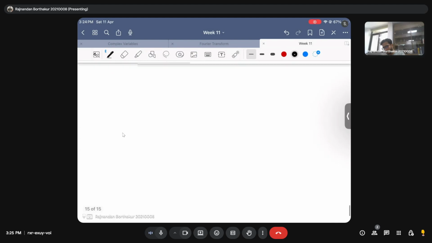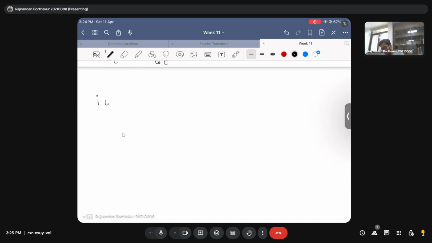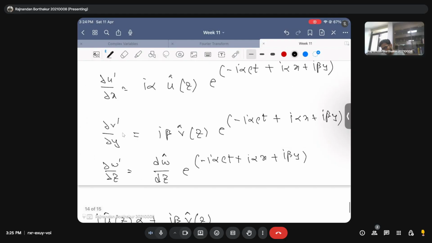If you just do the substitution, you will see that this will just end up being i times u hat of z alpha plus i beta v hat of z. Okay, I think there would be a beta.